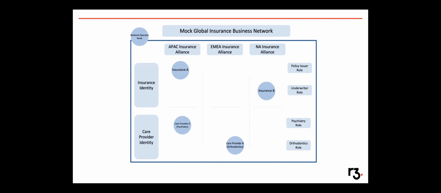Okay, so the question is: is it possible to implement dynamic logic within or before calling a flow that grants a permission based on state or context data, versus a static role? Yes, you can, but keep in mind that has to be done from the network operator node.